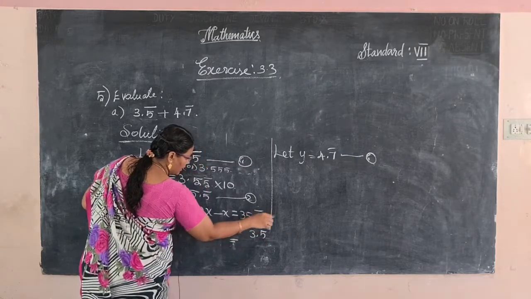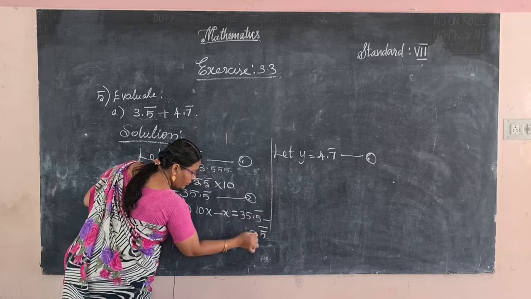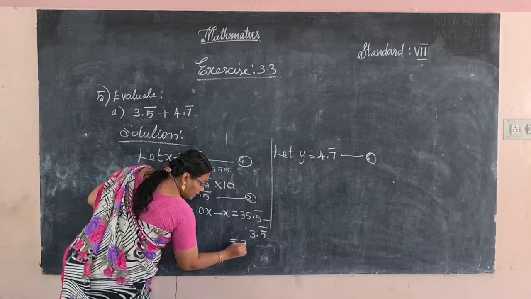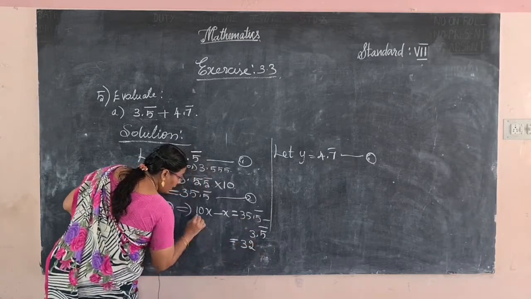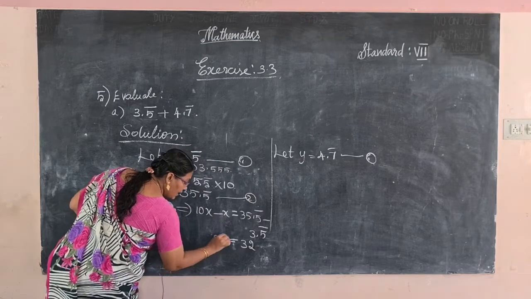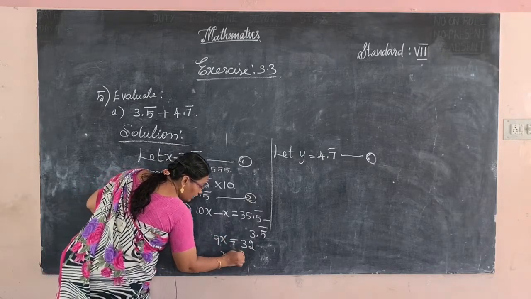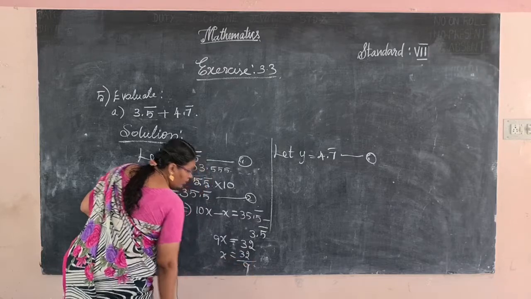So the recurring terms will be cancelled. 35 minus 3 is 32. Here 10x minus x is 9x. So x equals 32 by 9.